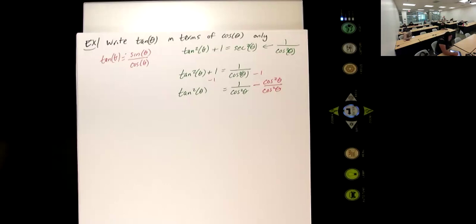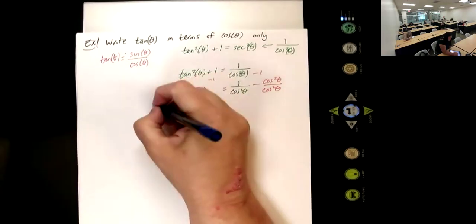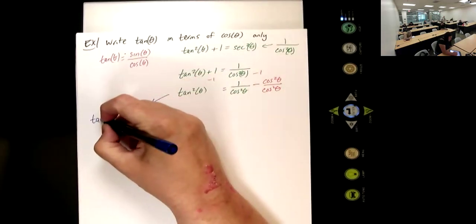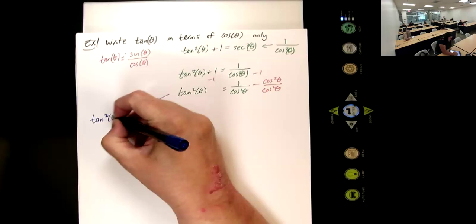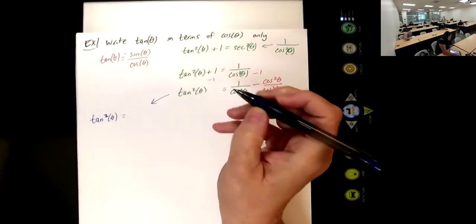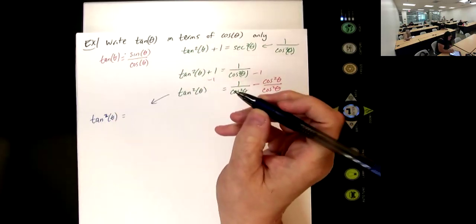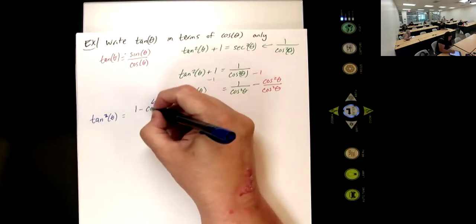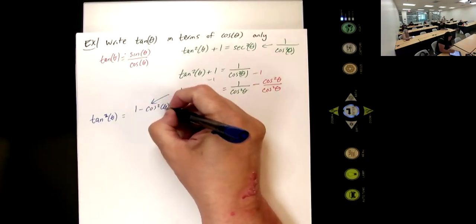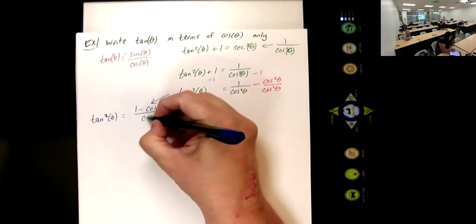Is everyone okay with that? So now we're looking at tangent squared theta equals 1 minus cosine squared theta over cosine squared theta.